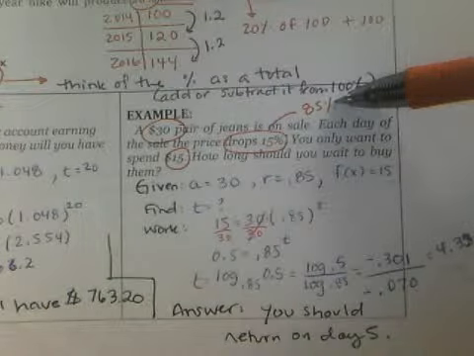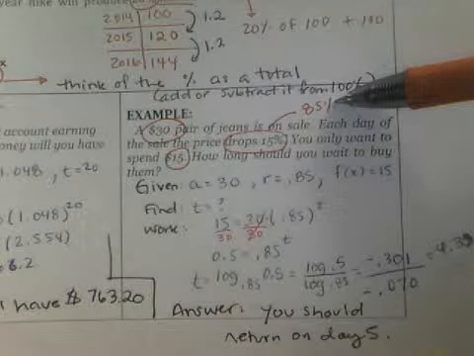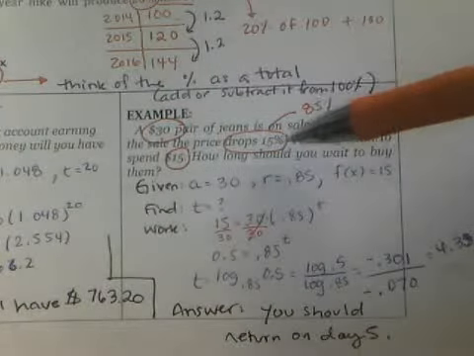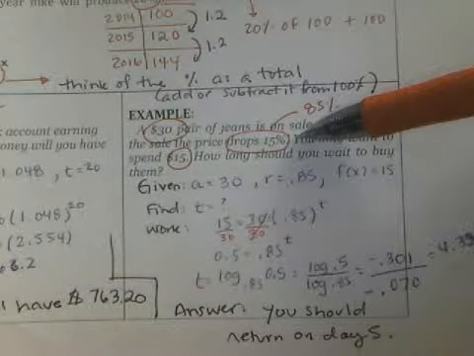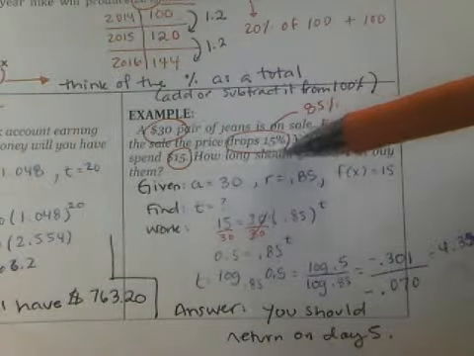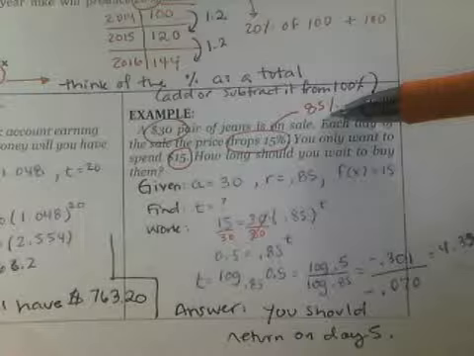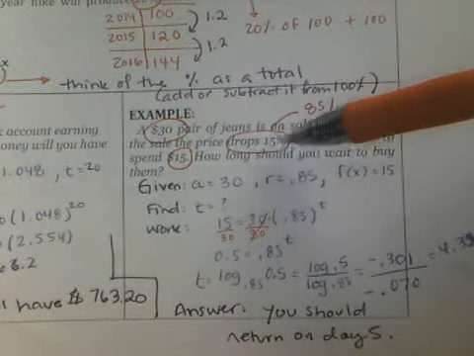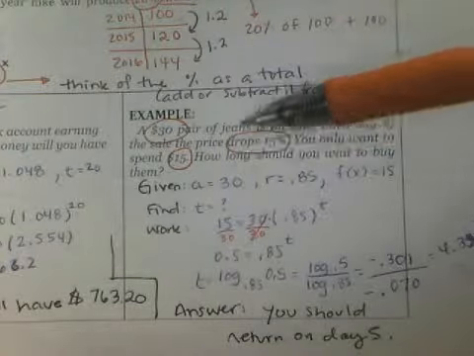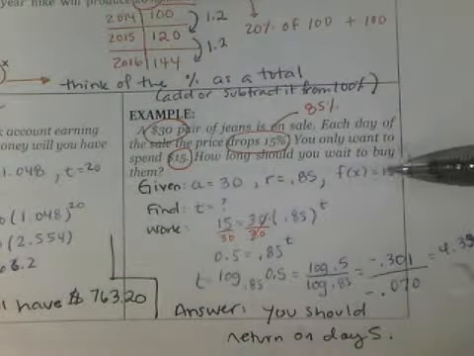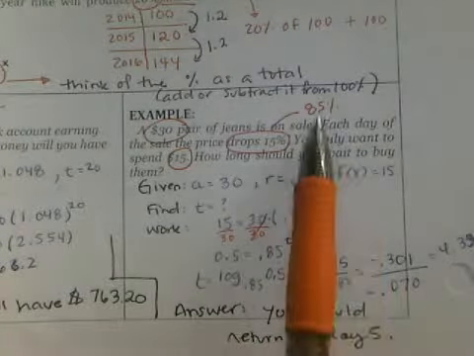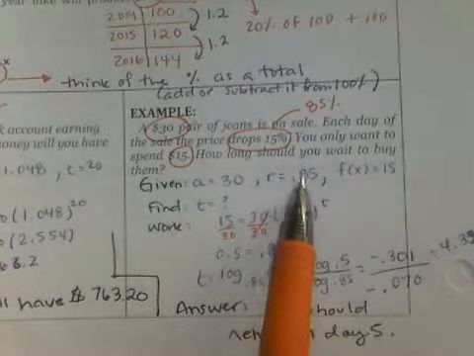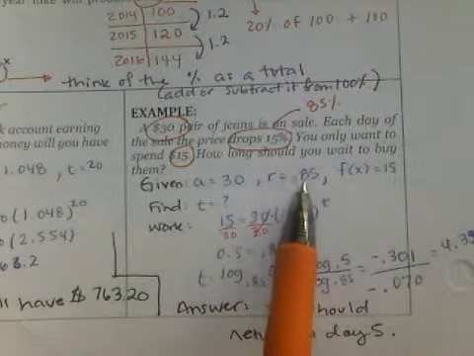If you were tempted to say 115, stop and reread the first sentence of this problem. Okay, dropping 15% means you'll have 85. I got that by subtracting 100 minus 15. You always start with 100. You either add or subtract based on the situation. Once you have 85%, you can convert it to a decimal, and that becomes your change factor r.